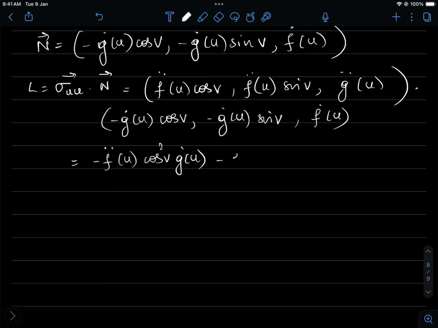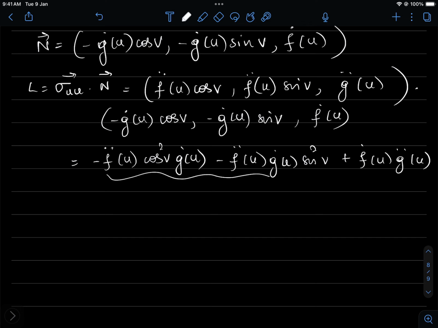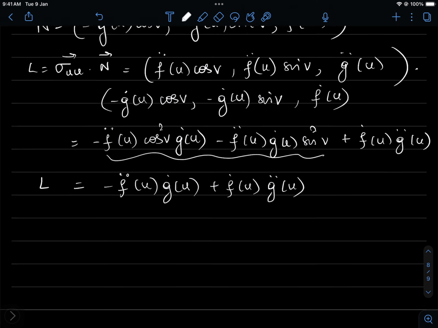No, we are correct. f dot u g dot u sin square v plus f dot u g double dot u. These two will combine because we have cos square v and sin square v. So we get minus f double dot u g dot u plus f dot u g double dot u. This is our L.